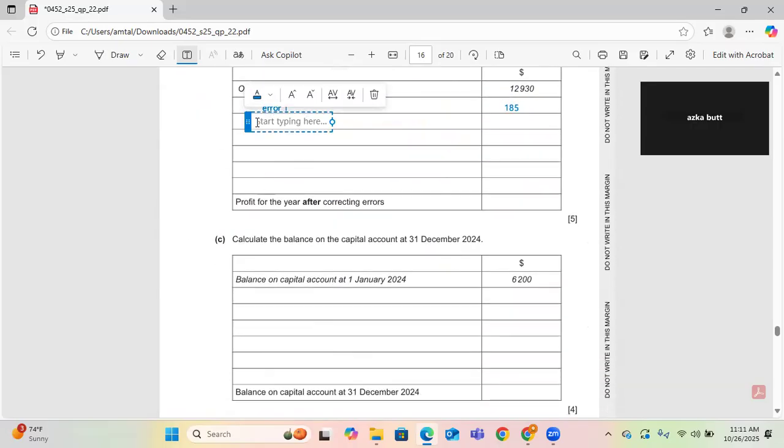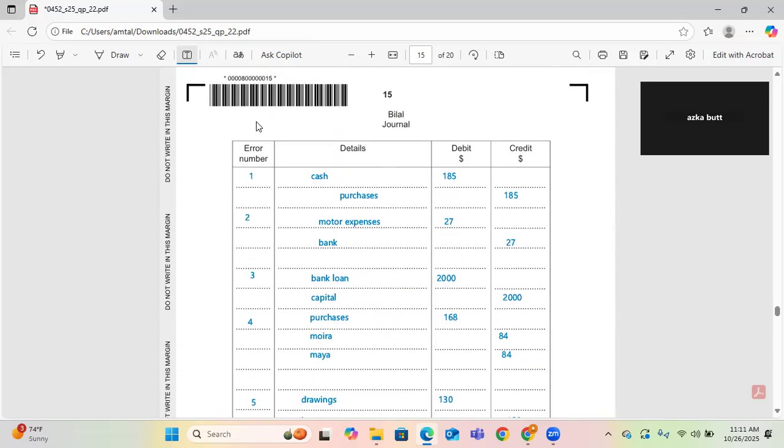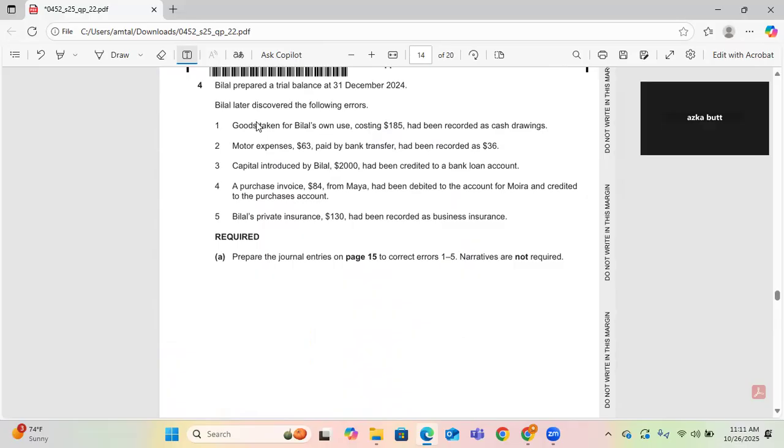This is error 2. Now let's see the error 3. Capital introduced by Bilal 2000 had been credited to the bank loan account.